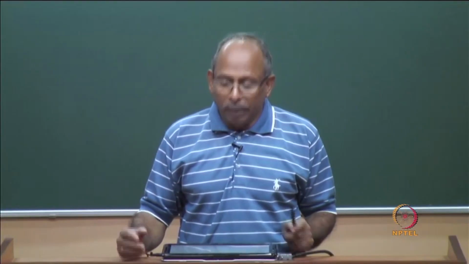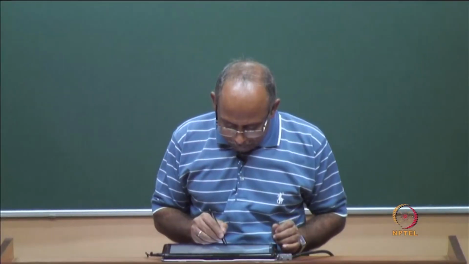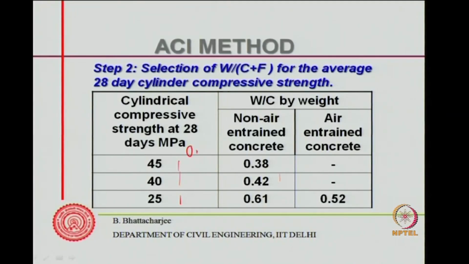So, cylinder strength is about 0.8 times cube strength, FCU. So, FCY, if I call it cylinder strength, is equal to 0.8 FCU. In other words, the cube strength is higher than the cylinder strength.